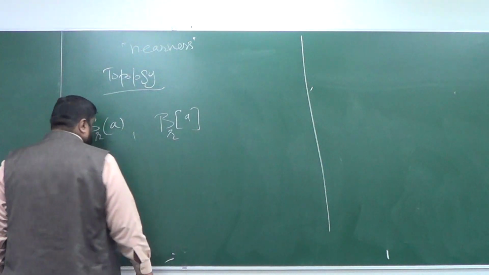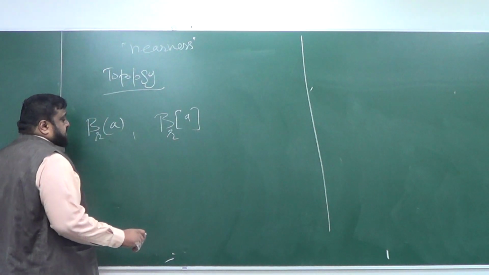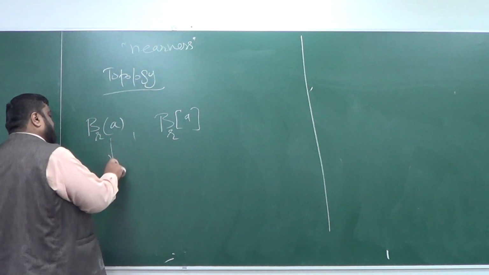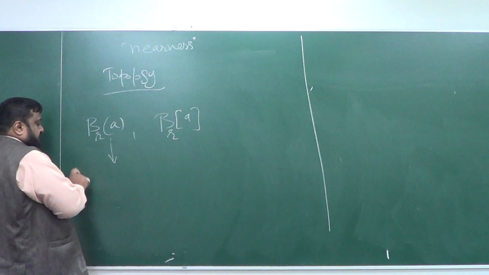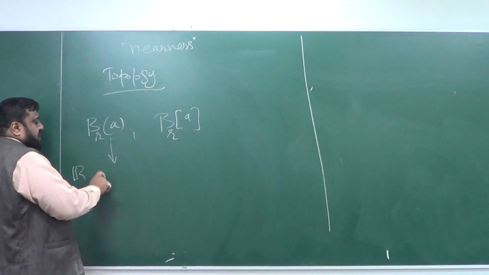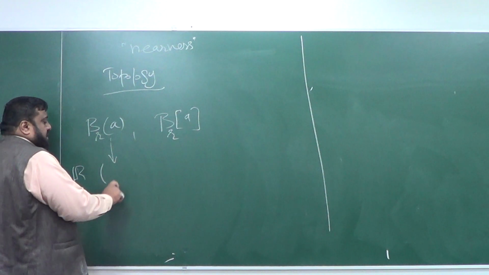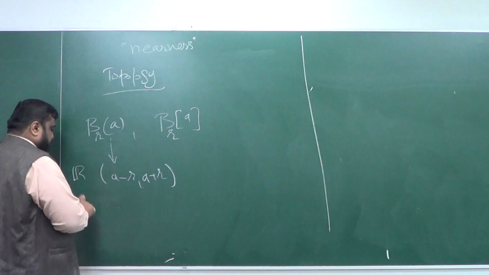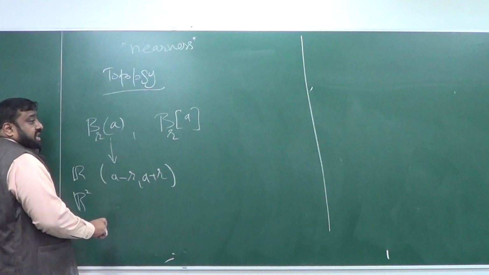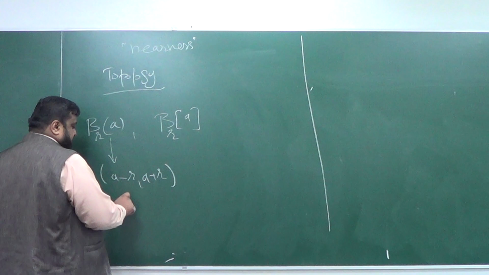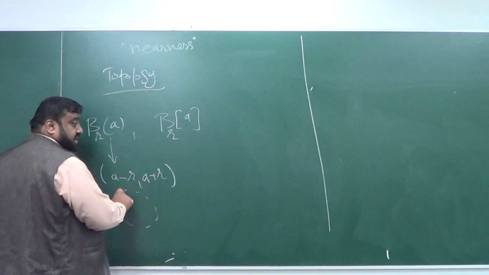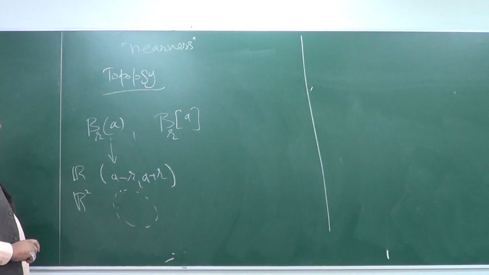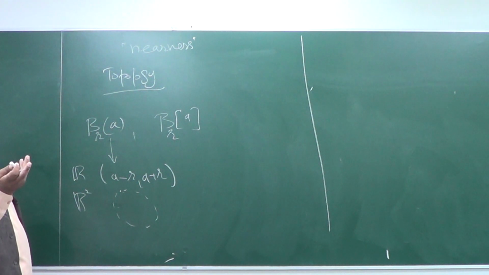And then imagine, for example, in R, this ball becomes an interval A minus R to A plus R, and in R2 it becomes a disk, excluding boundary, and in R3 it's going to be a sphere.